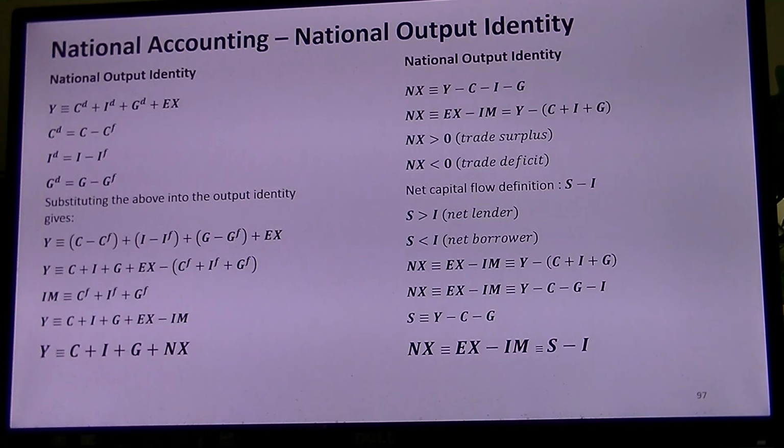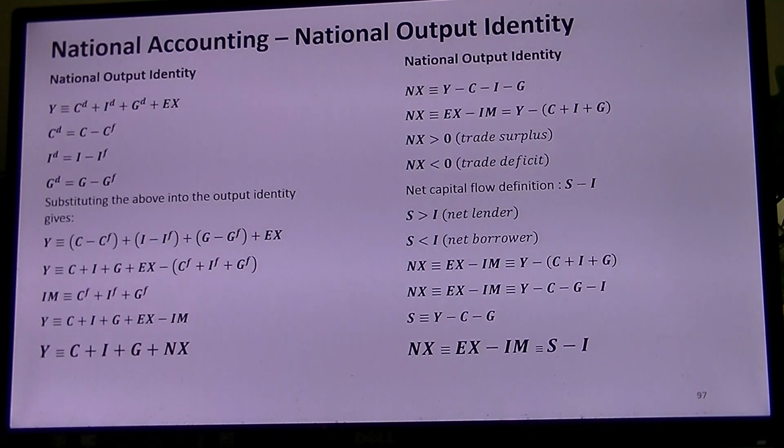So you can just play around with that. And you can also redefine domestic consumption as total consumption minus imports of foreign produced goods, and that's true for investment and government services.